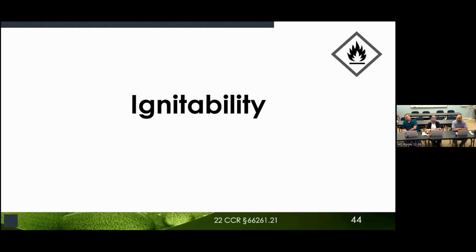The first characteristic we are discussing today is California's criteria for ignitability. Ignitable waste can easily catch fire under certain conditions, meaning they can ignite when exposed to heat, flames, or sparks. Improper handling or storage of ignitable waste can lead to fires and explosions. These wastes are dangerous because they can ignite even at low temperatures.